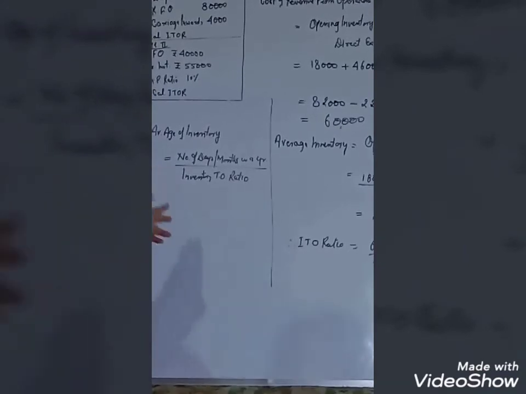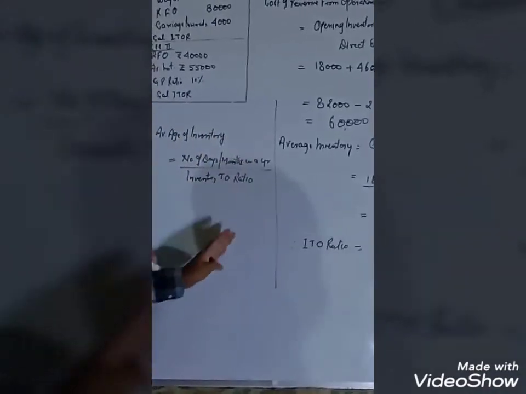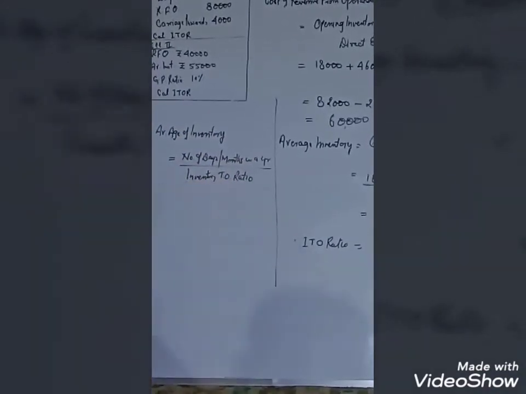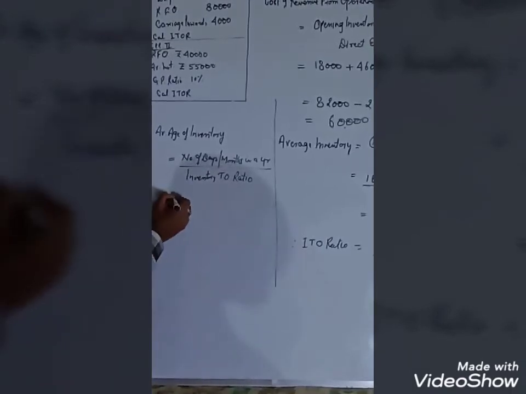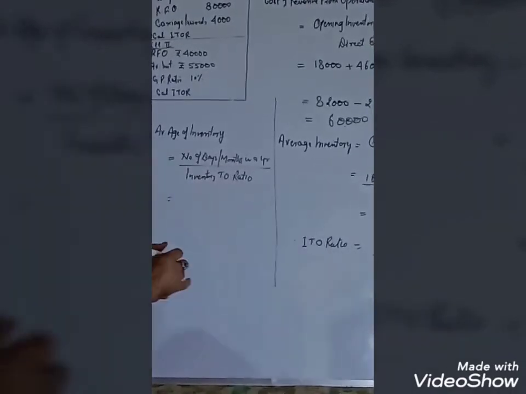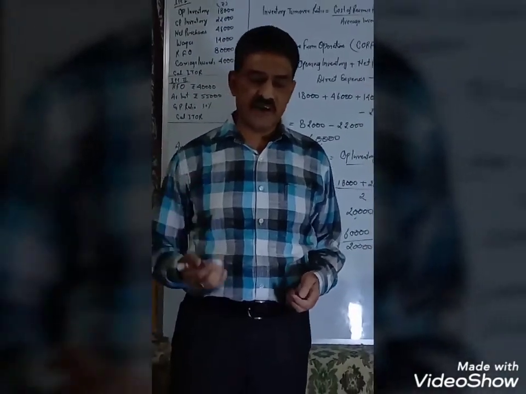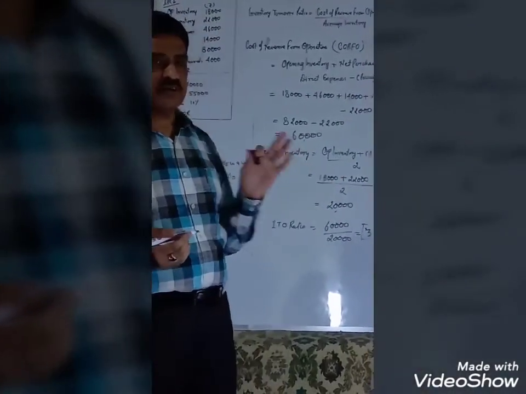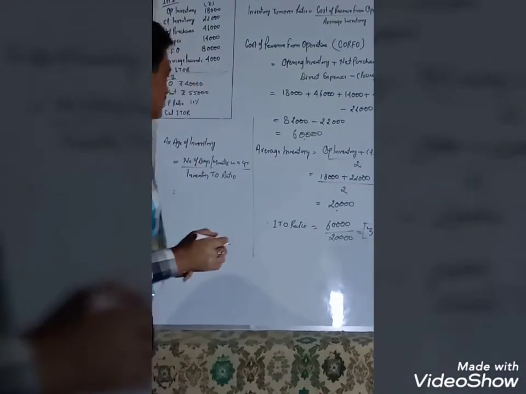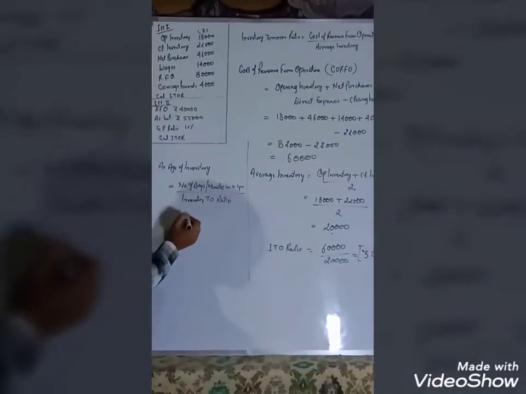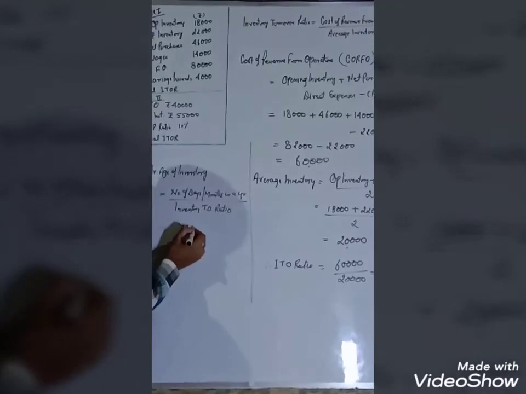If number of days in a year is given in the question, 366 or 365 days, then you will have to take accordingly those number of days. Otherwise, on an average basis, we will take 360 days.